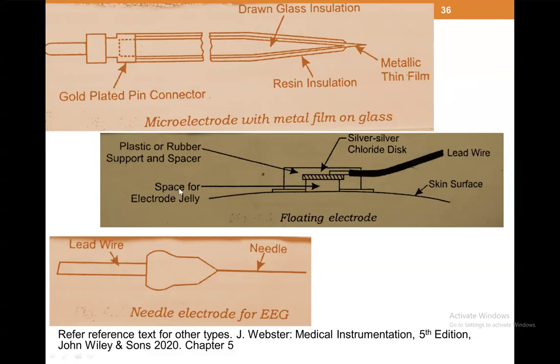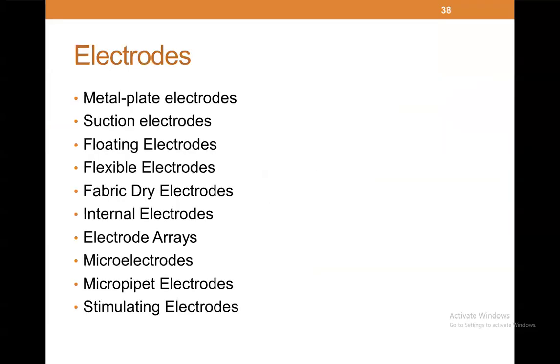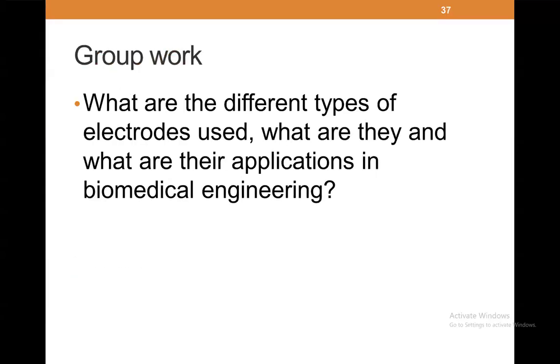Get into groups. This is a little bit tricky because I want each of the groups to explain something different. The question is, what are the different types of electrodes used? I have given you a whole list. If you want, you can pick one of them. If you go online and search, you can just find one. The only thing is, you cannot do something that another group has done, so you might need to search a couple of them.